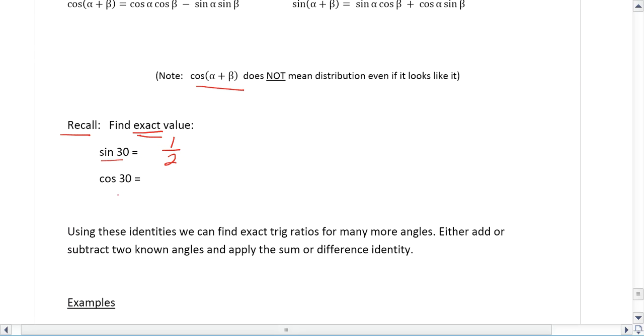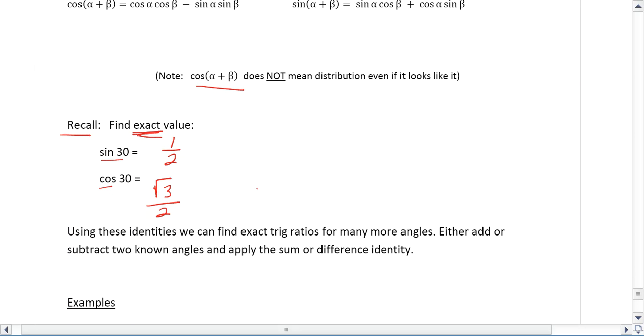And the cosine of 30 would be the x coordinate, which is square root 3 over 2. I want you to be able to pull those off the blue sheet very easily, or set it up and find them if you needed to. And just to remind you, these are exact. This is not punching cosine 30 on your calculator and getting a decimal equivalent that has been rounded off. We are looking for exact values.